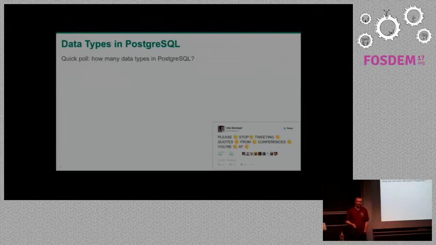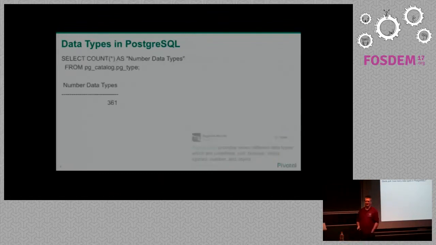First question. How many data types do we have in Postgres? I take answers. 40. 63. Any more? Only one. That must be VARCHAR.